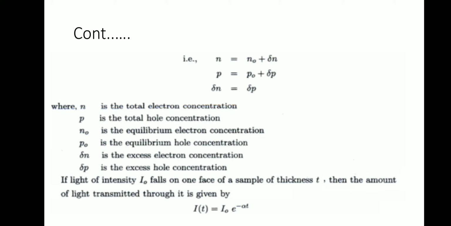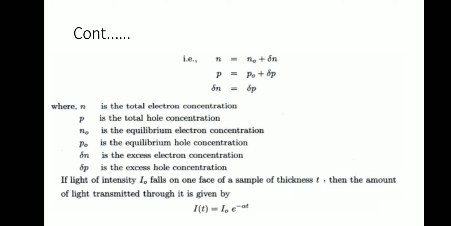Next we can see what happens if a photon is incident on a semiconductor. For that we take light of intensity I0 falling on one face of a sample of thickness t. We take a semiconductor having thickness t and illuminate it with light of intensity I0.